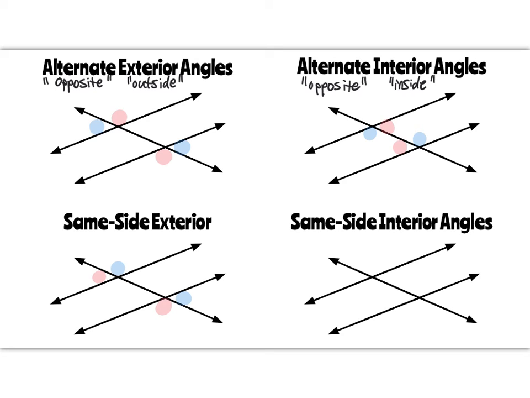Lastly, we need to look at same side interior angles. They are on the same side of the transversal, but they're inside the parallel lines. So if you know what alternate means and you know what interior and exterior mean, then you can identify these angle pairs without too much difficulty.